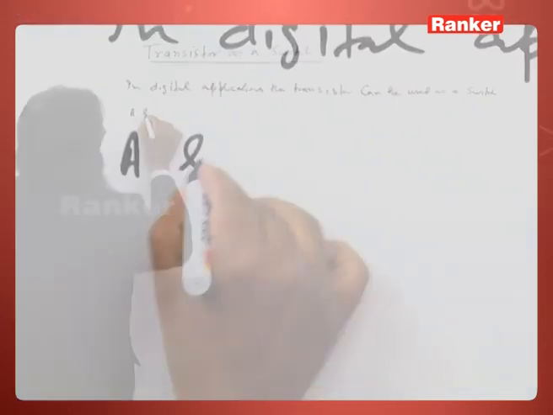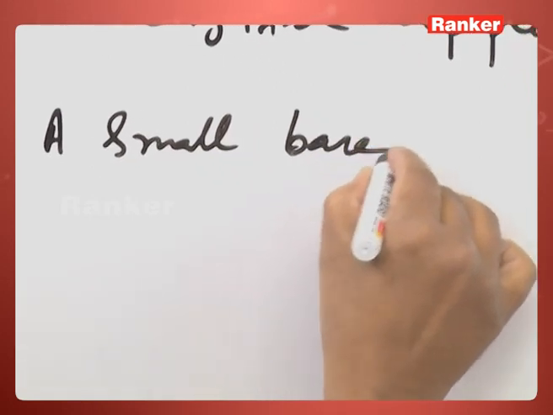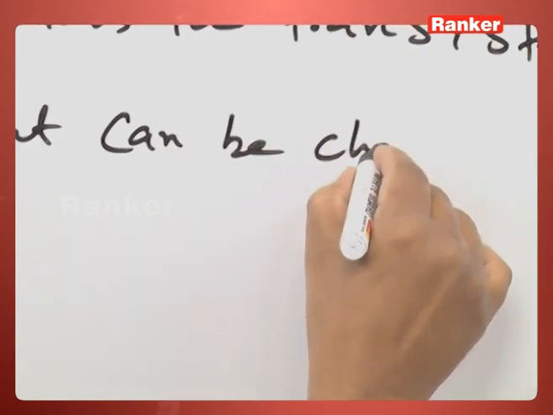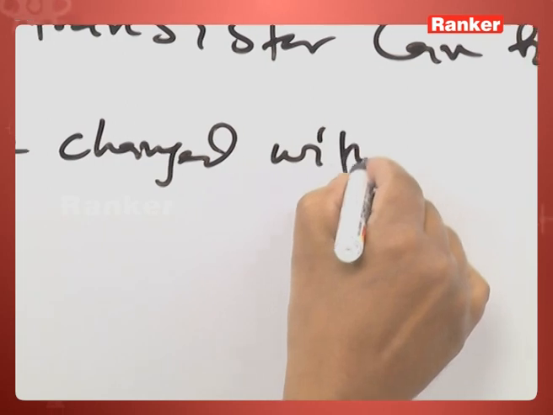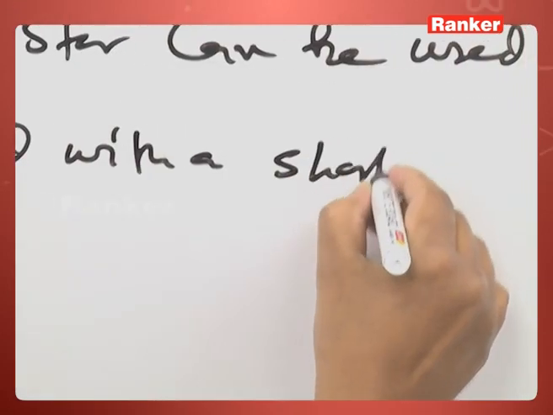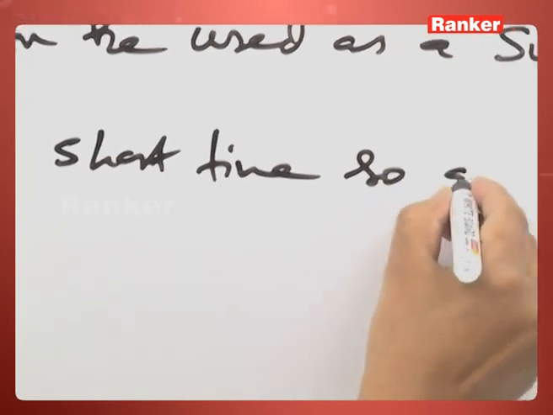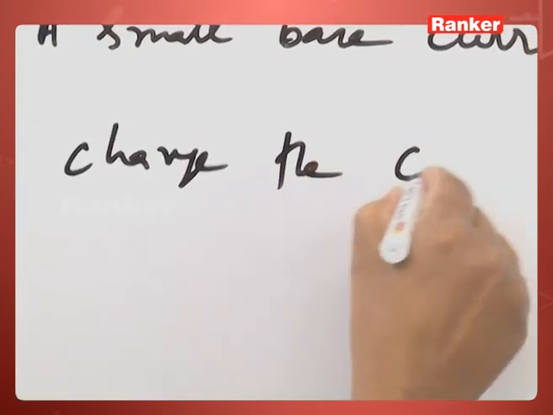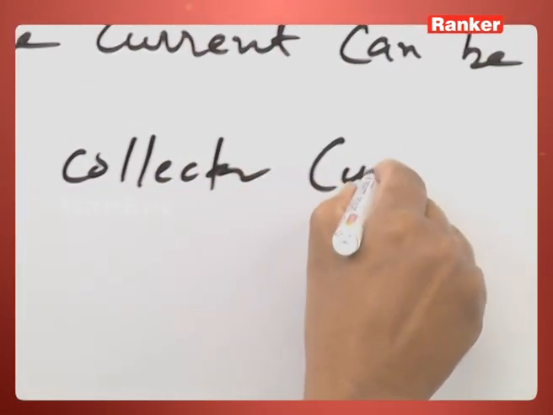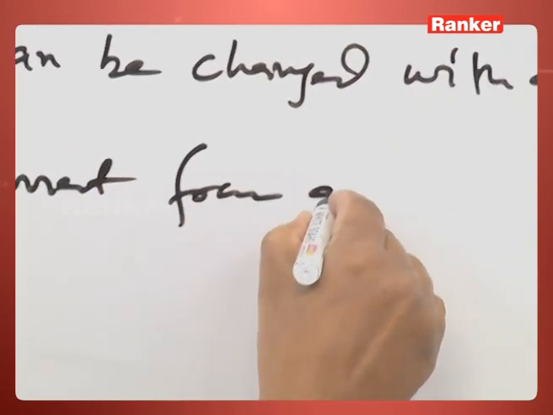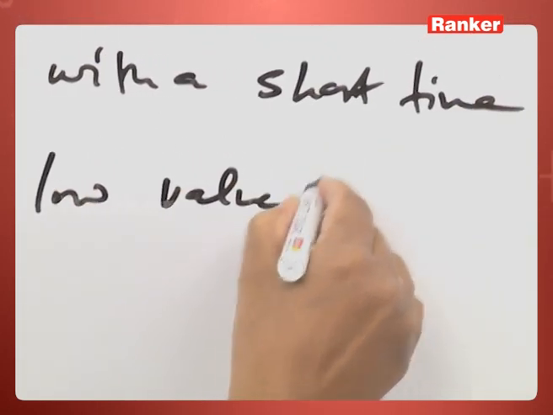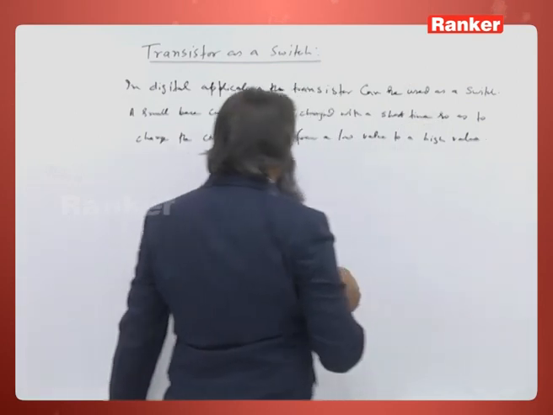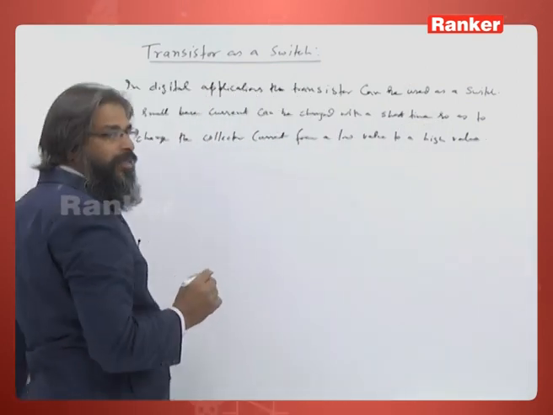A small base current can be changed within a short time so as to change the collector current from a low value to a high value. That is from an on state to an off state.